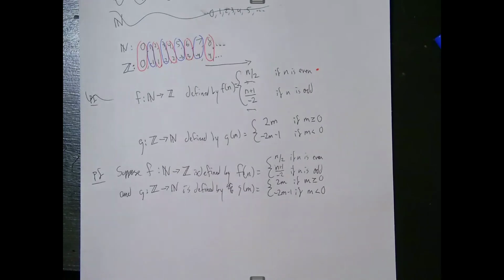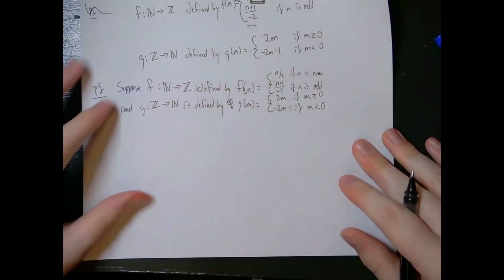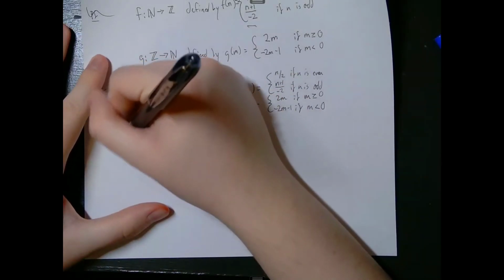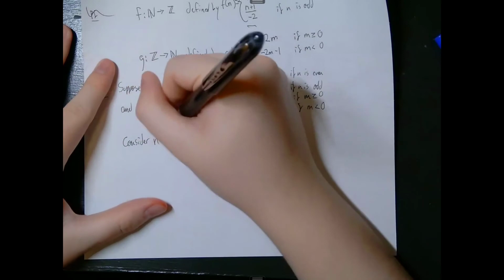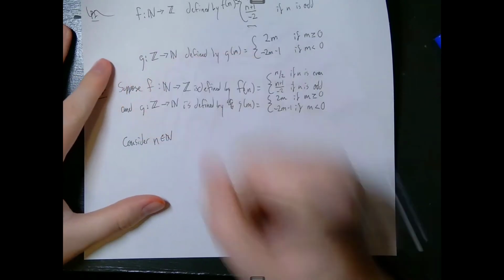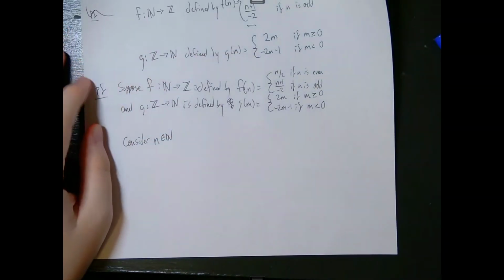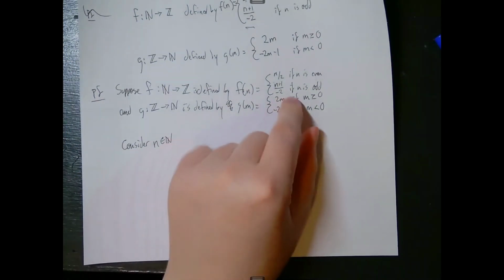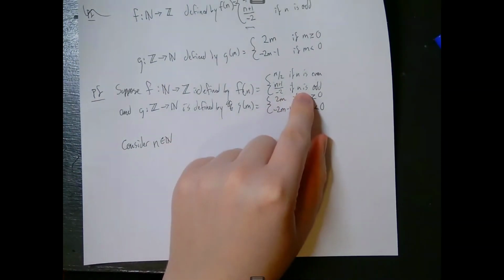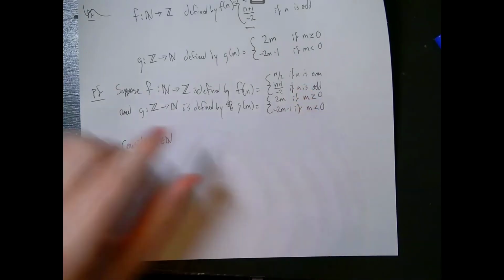Now we need to go about showing that they invert each other. So we will consider n in the natural numbers, just like last time, and then show that g composed with f of n equals n. However, we have to take a couple of cases, the first case being if n is even, and the second case being if n is odd.